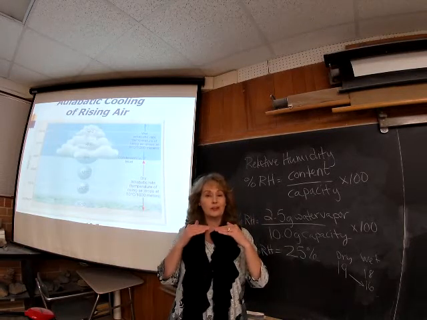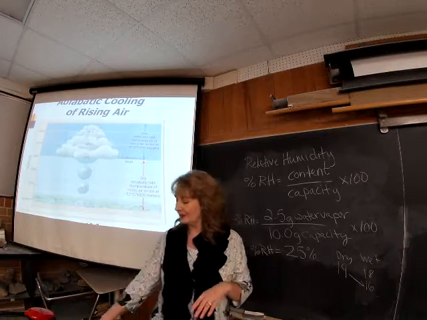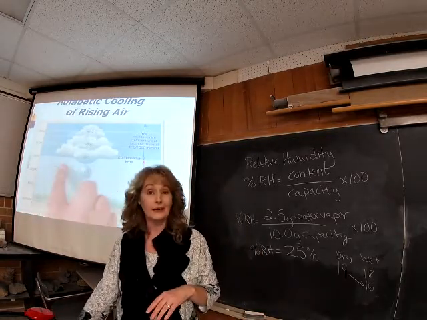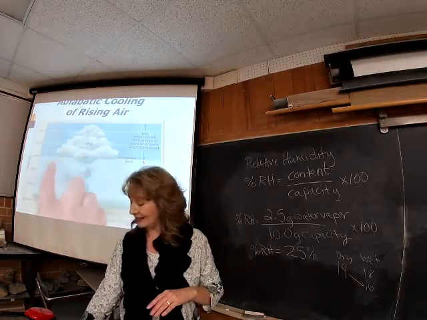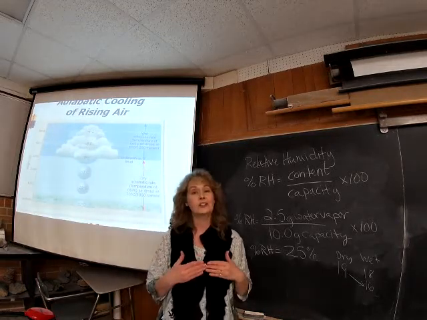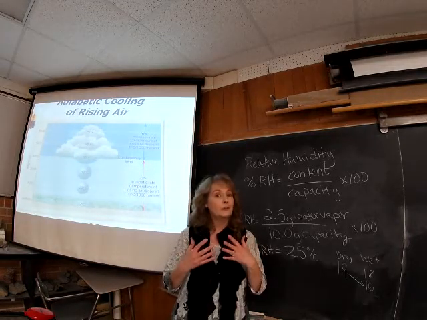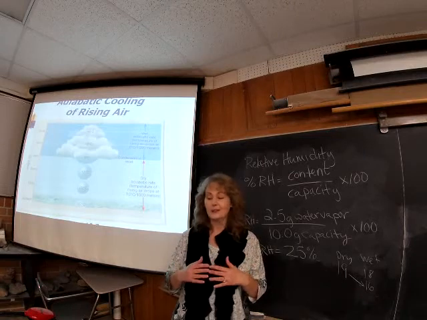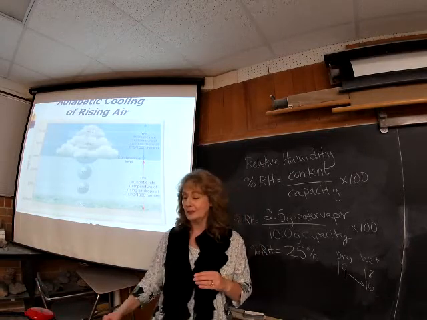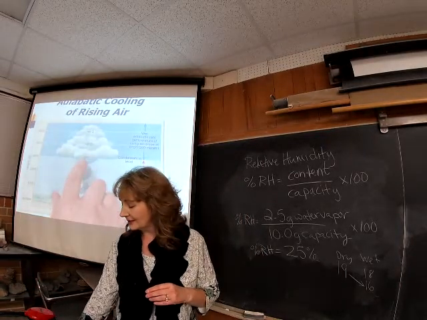This is the saturation point, 100% relative humidity. Notice you've got the clouds forming. The bases of the clouds are right at that condensation level. Clouds are liquid water droplets, and sometimes ice crystals too, depending on temperature. So we're at 2 degrees Celsius here.